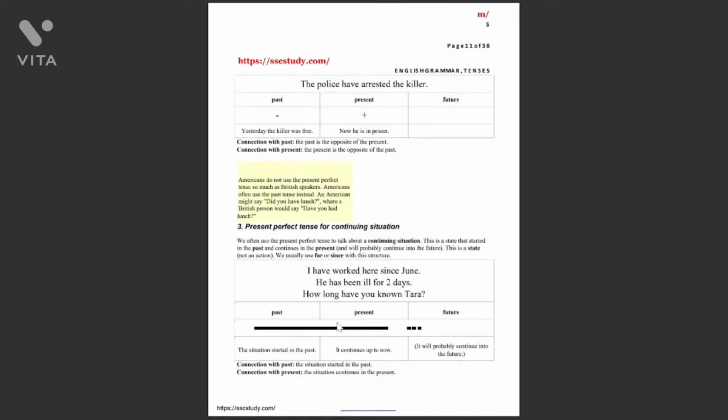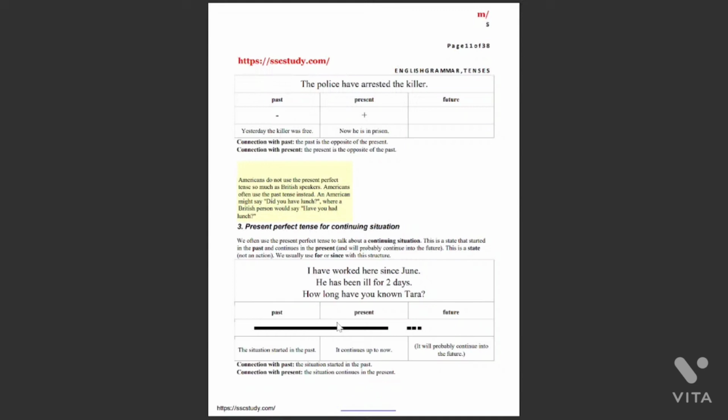And the police have arrested the killer. The police might have arrested the killer yesterday, or he might have been arrested now. We don't know, right? Yesterday the killer was free, now he is a prisoner. So quickly I just want to say, there is a bit of a difference: Americans do not use the present perfect tense as much as British speakers.